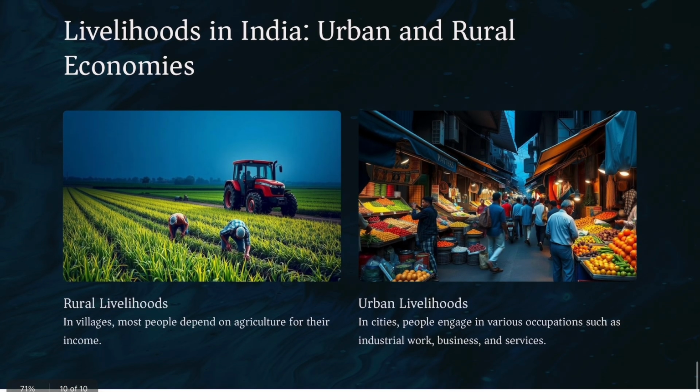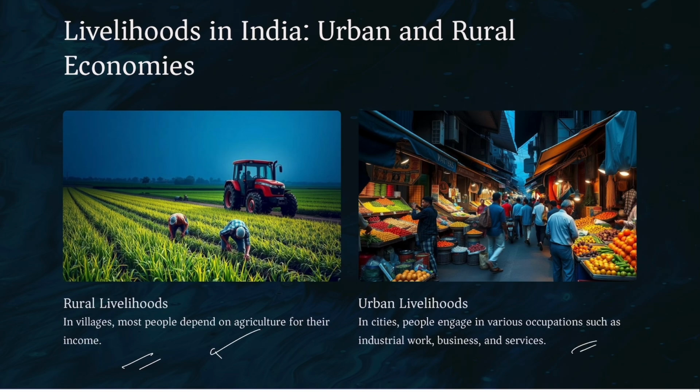Clear? The next is, India's economy is diverse with different forms of livelihood depending on where you are. For rural livelihood, most people in villages depend on agriculture as their primary source of income. Other common occupations include fishing, handicrafts, and other small-scale non-farming activities.